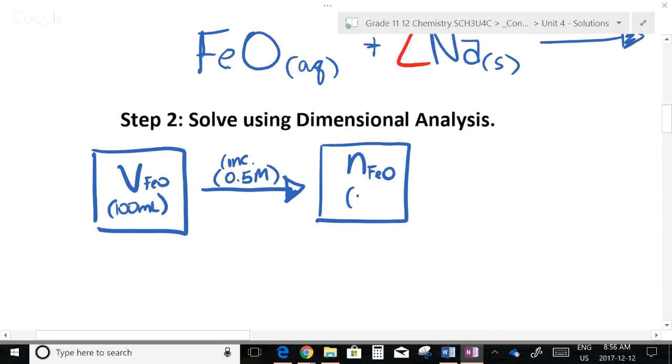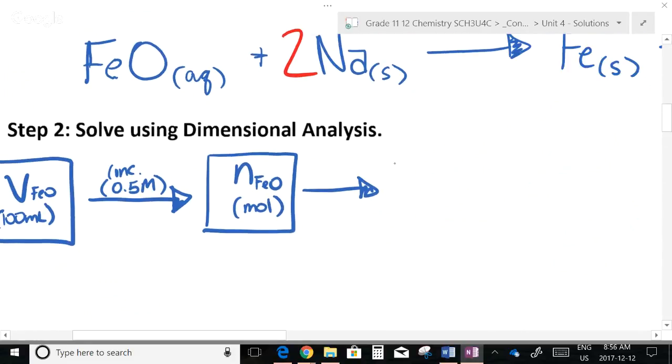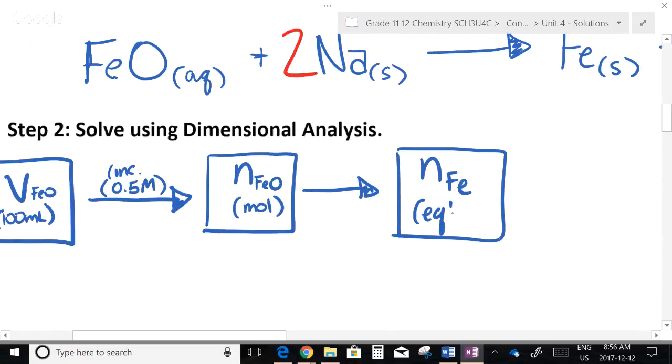Now, if I know how many moles of iron oxide I have, what can I figure out next? Yeah, I can figure out how many moles of iron. And to do that, I'm going to look at the balanced chemical equation.